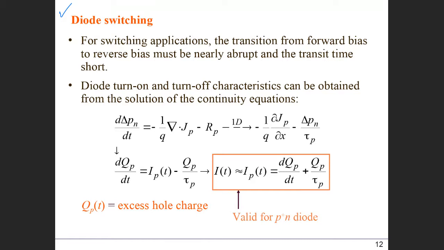So for the switching application, the ideal case is that we want to have the transition of the switching, which means typically the 1-0 operation in the circuit, from 0 to 1 or 1 to 0, or we say low to high or high to low.